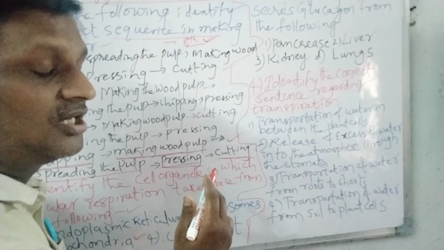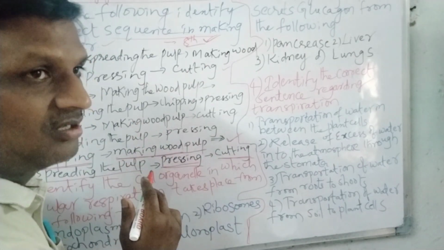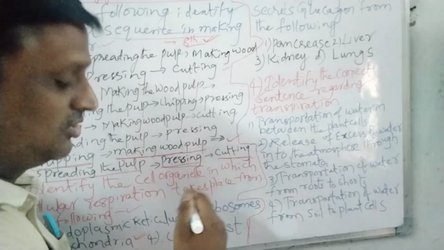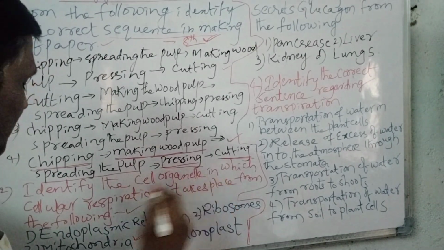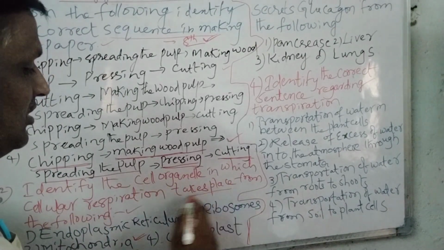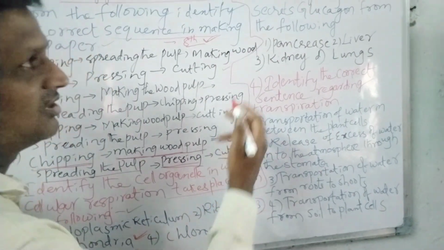That's why mitochondria is called the powerhouse of the cell. So the answer is mitochondria. Cellular respiration takes place in the mitochondria.